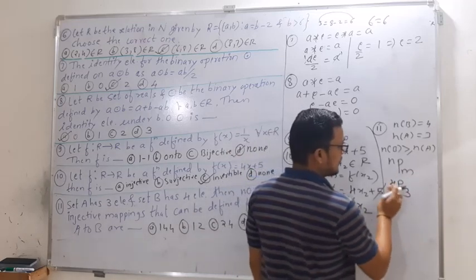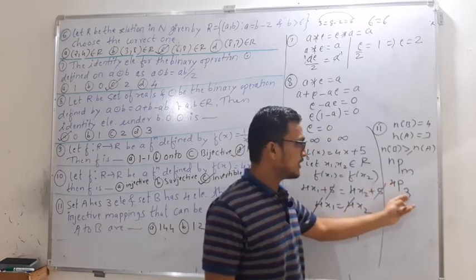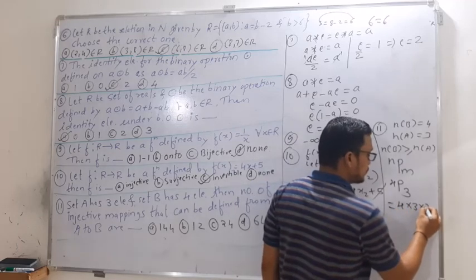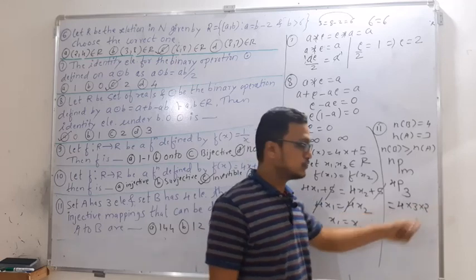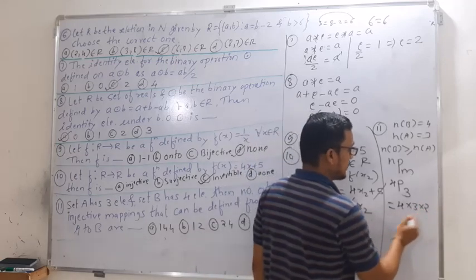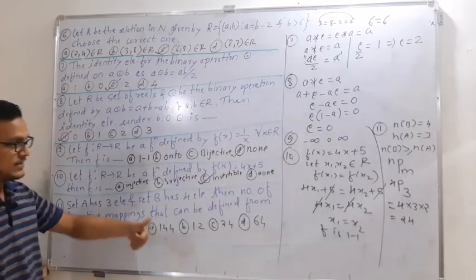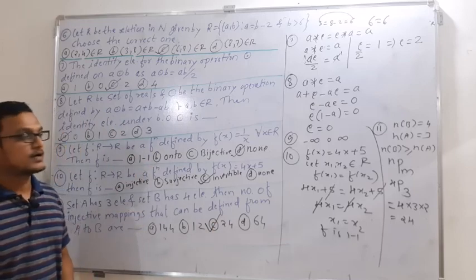The answer is 4P3. It is a first year concept, permutation. So this 4 we have to arrange in 3 places. So therefore 4 into 3 into 2. 4 threes are 12, 12 into 2, it is 24. Just check whether we have that answer in the options. Yes, then option C will be correct.